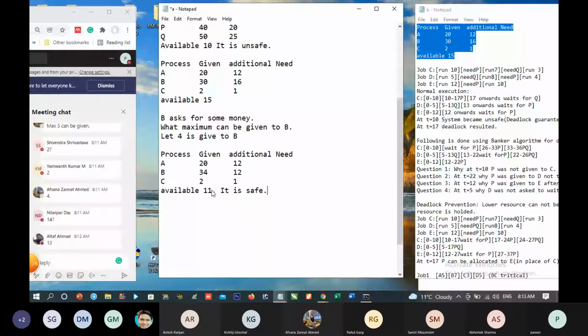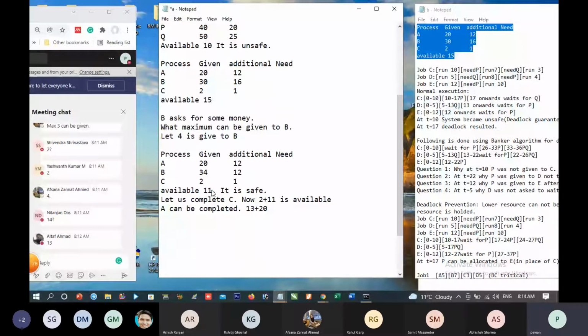Let us complete C. Now, 2 plus 11 is available. We can complete A. So how much will be available? 13 plus 20 available.